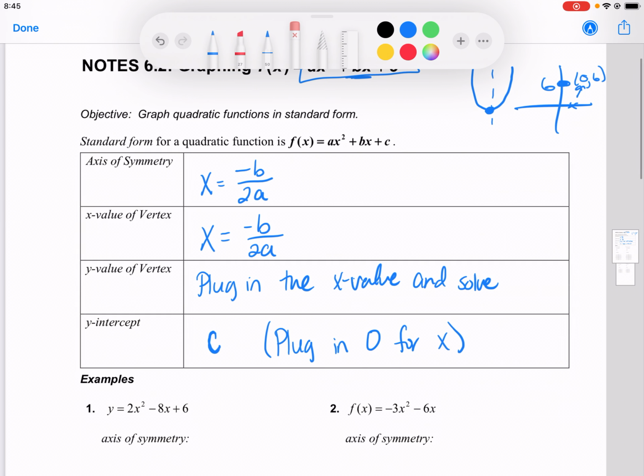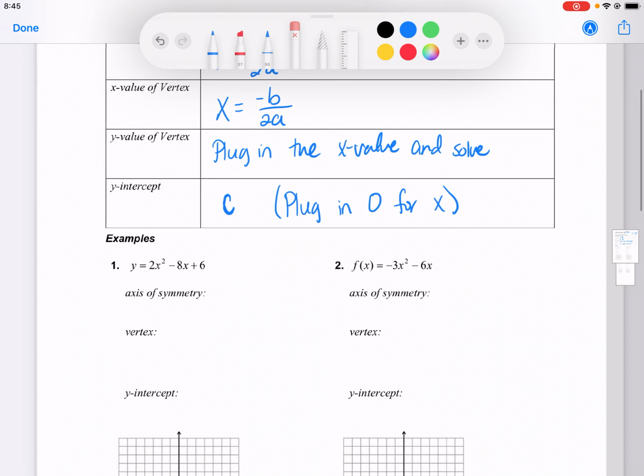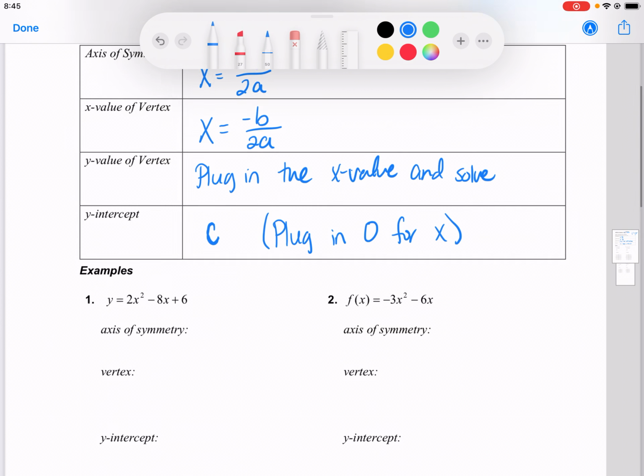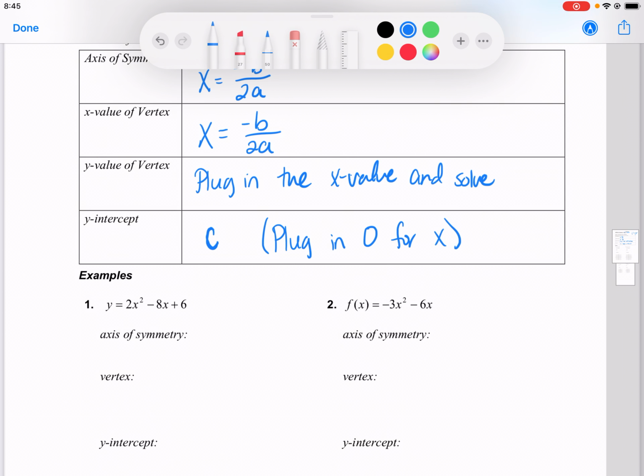Okay, so let's get into some example problems. For this first one, we want to find our axis of symmetry. So the first thing we're going to do is label our a, b, and c, because remember it's negative b over 2a. So your a is 2, your b is negative 8, and c is 6. Now it's negative b.